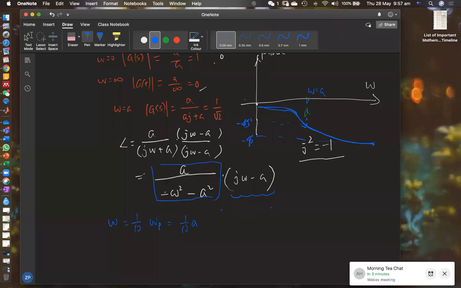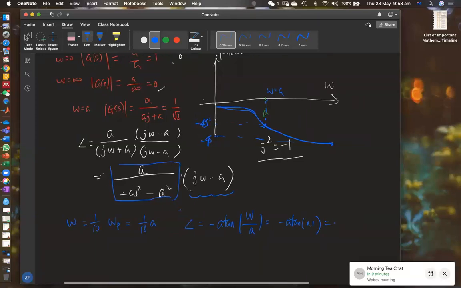We just use the equation: negative arc tangent of omega over A. It's always a phase lag. The arc tangent argument becomes 0.1 because omega is only 1/10 of A. So this is negative 5.7 degrees.